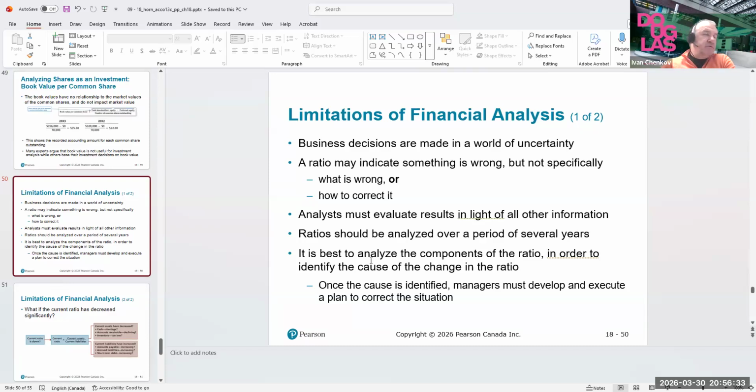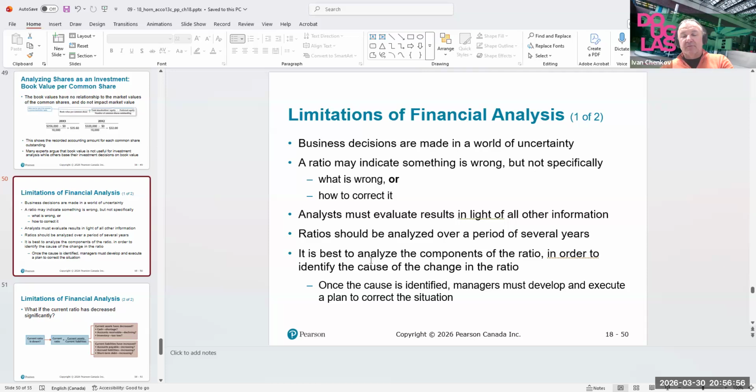Limitations. All those ratios are a good thing, but it depends who interprets the ratio and how much knowledge you have of the ratios. You cannot see a ratio as a single ratio and base your decisions on it. You have to see it as a complex of ratios.